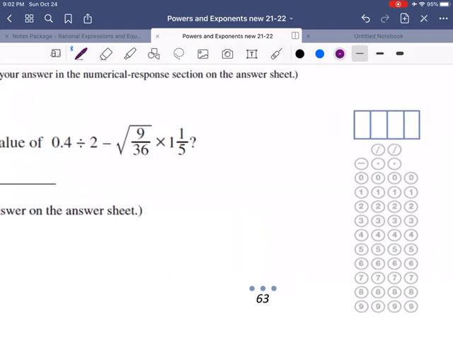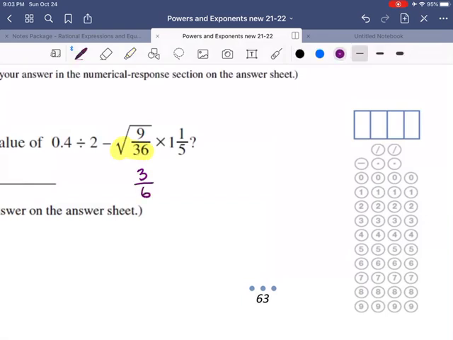0.4 divided by 2 minus the root of 9 over 36 multiplied by 1 1/5. So let's start with this root of 9 over 36. Now, that part is tricky, but if you think of just like, what's the square root of 9? Well, the root of 9 is 3. And what's the square root of 36?